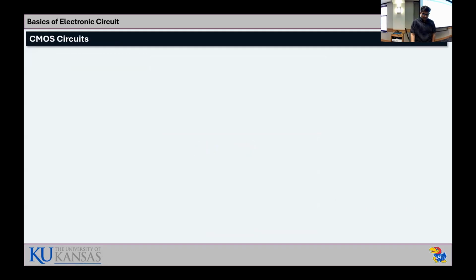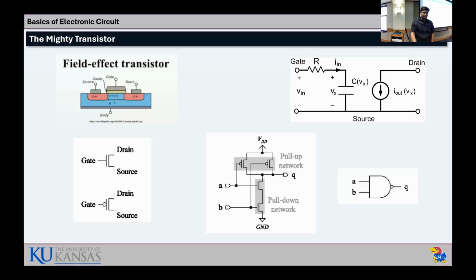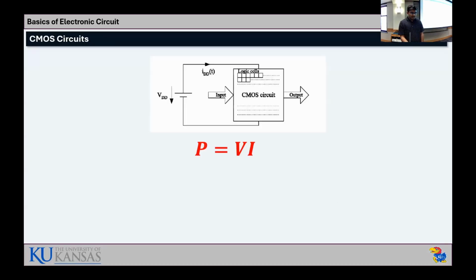Now, see, we call this a CMOS circuit, complementary metal oxide semiconductor. To run the circuit, you have to give some voltage potential difference across VDD and the ground, and then some current will flow, right?